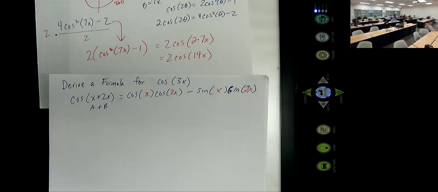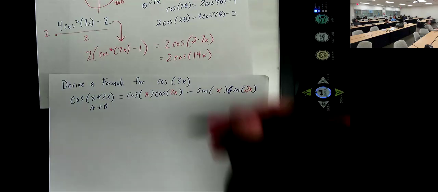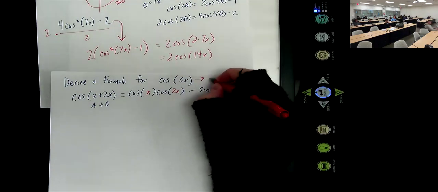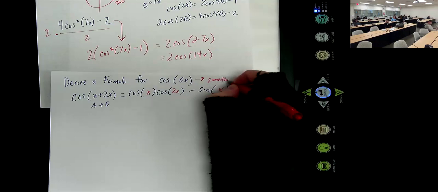Now what? Let's say we want to aim for something in terms of cosine alone.